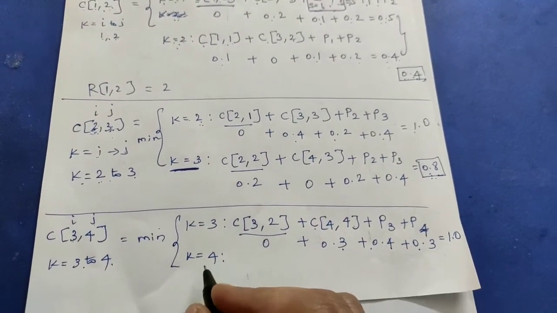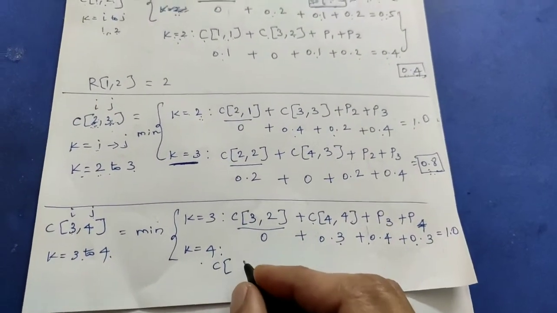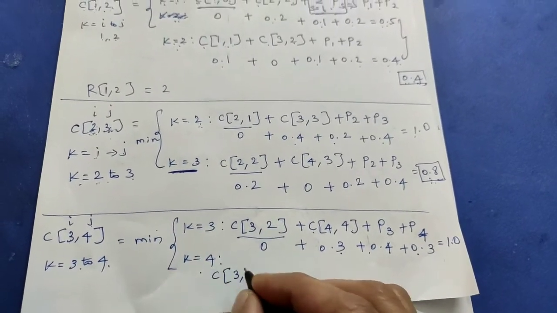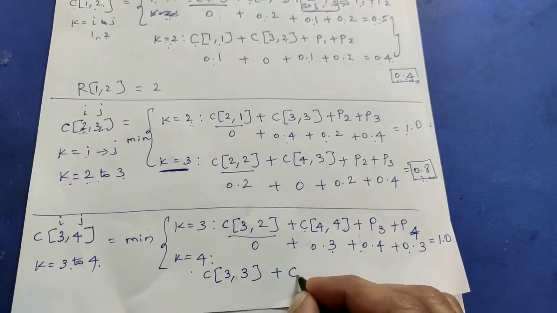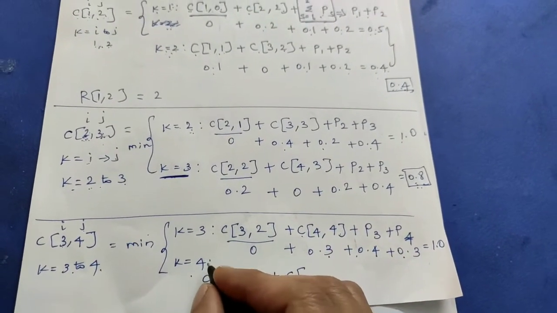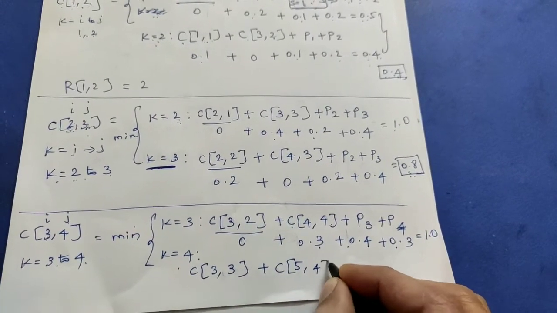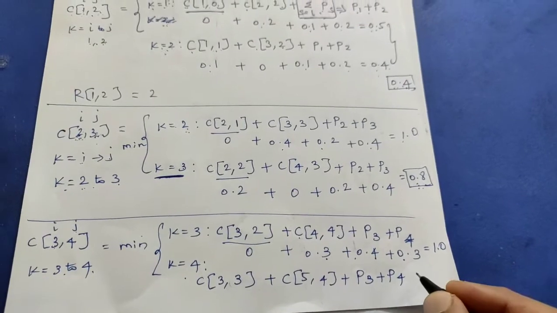So next we'll apply k is equal to 4, that is C of I value is 3, k value is 4, 4 minus 1, it will be 3, plus cost of k plus 1, 4 plus 1, it will be 5, j value is 4, plus P3 plus P4.